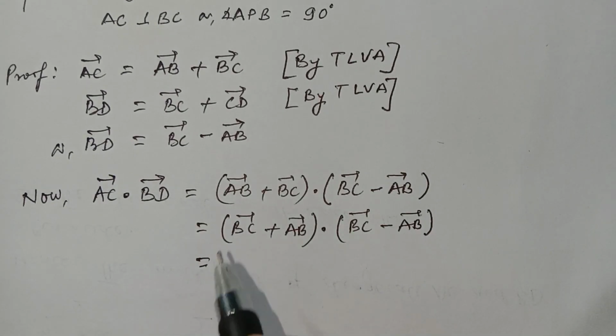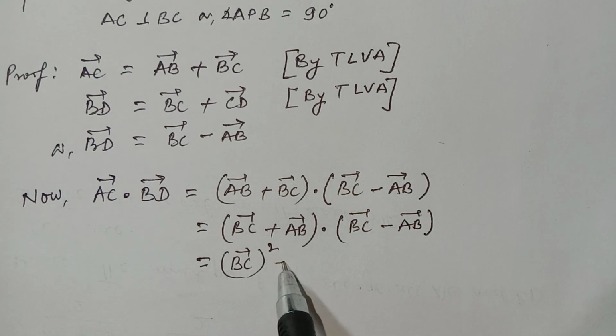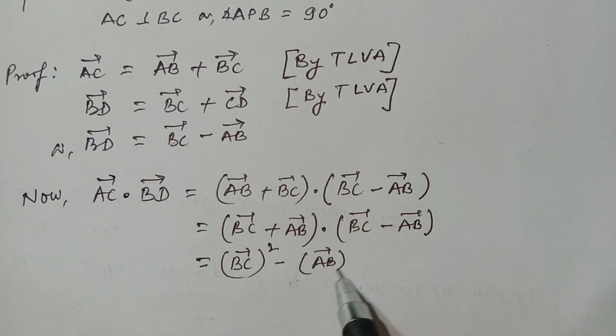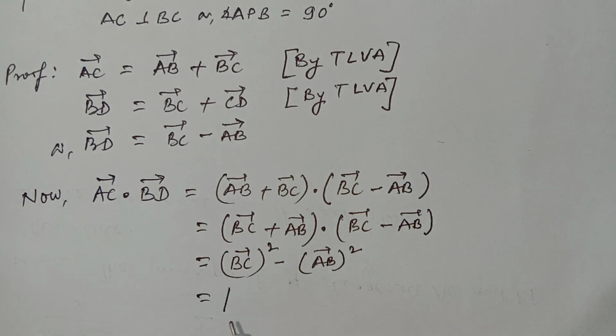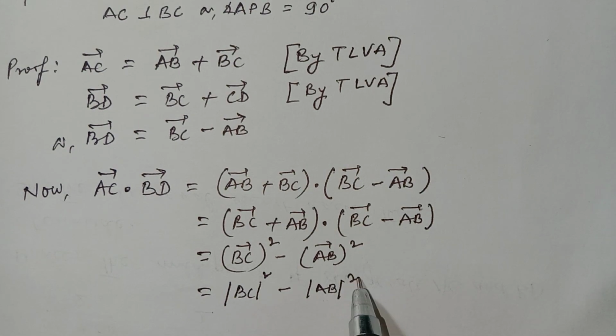From here we get BC vector square minus AB vector square, which equals mod of BC square minus mod of AB square.